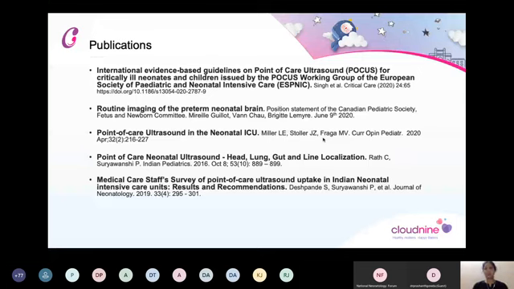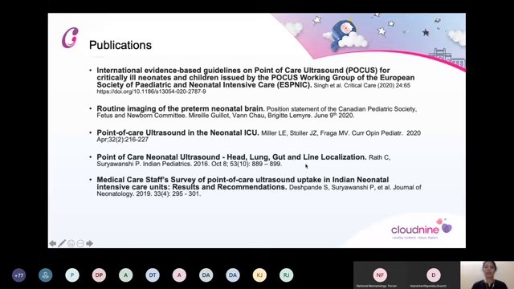which published on point of care ultrasound. They have spoken about how neonatologists across their country have started doing point of care ultrasound and how they need to bring out evidence-based guidelines, which other countries have already started doing, like the European guidelines I mentioned earlier.